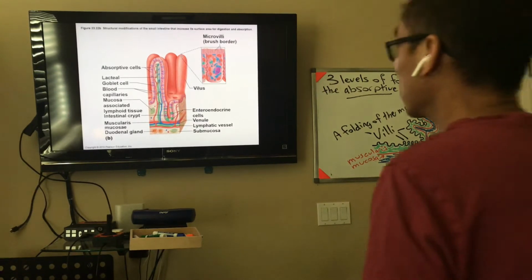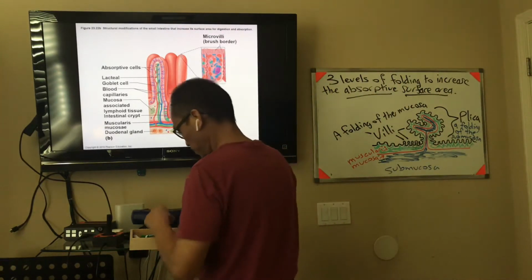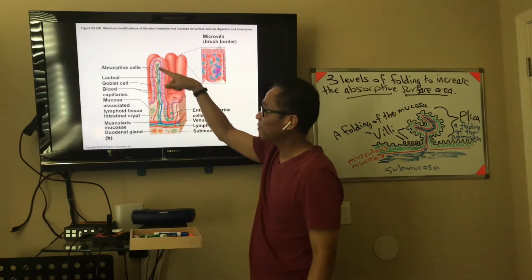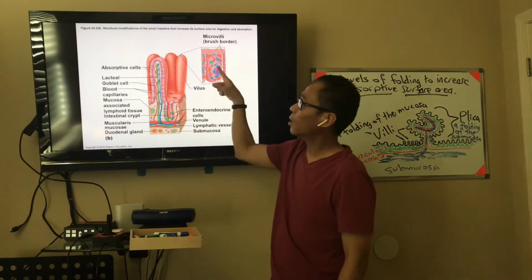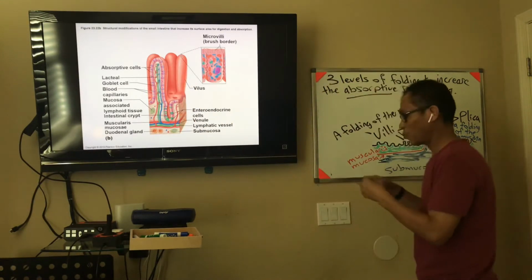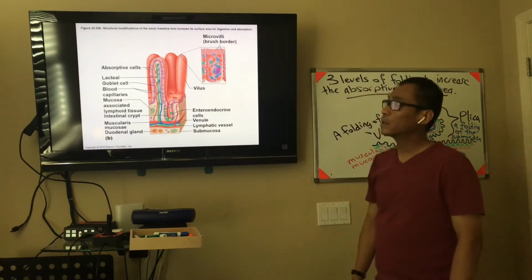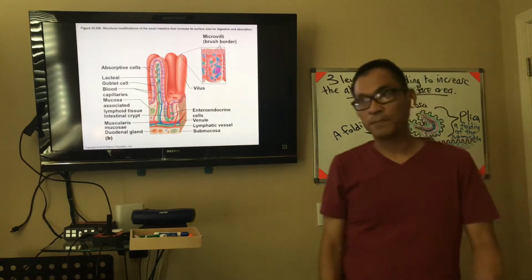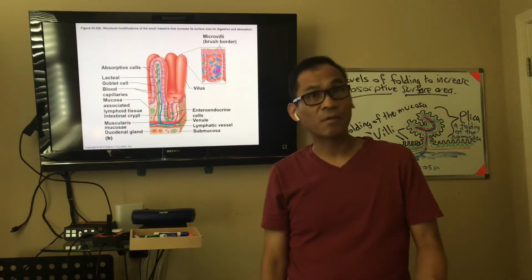So moving on to talk about the brush border, you have to look at a villi, which has the lacteal and the blood vessels in there. It's lined with a columnar epithelium. Look at one columnar cell. On one side, the cell membrane is folded, and so the microvilli is increasing the absorptive surface area at the cell membrane level.